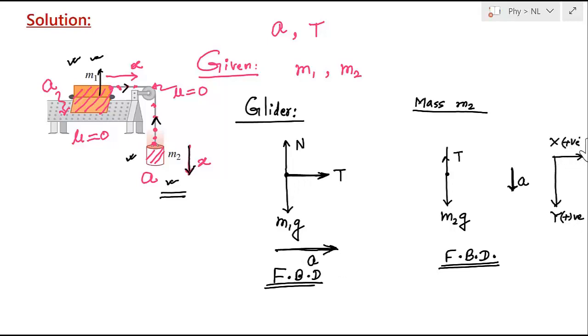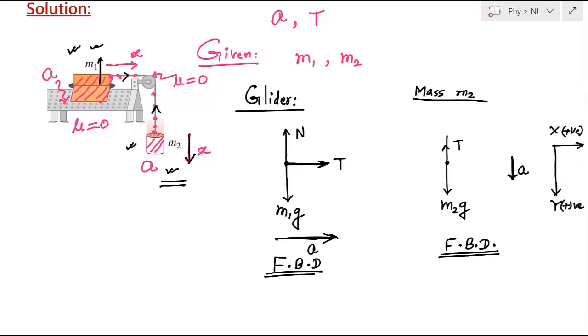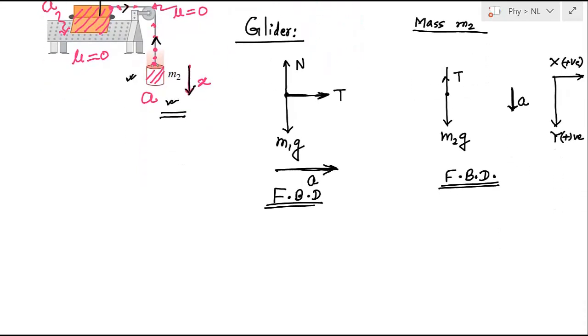So this is my sign convention for this problem. Now using this sign convention, we can write the equations of motion. Let's first write the equations of motion for the glider, first for the x direction, and then for the y direction.